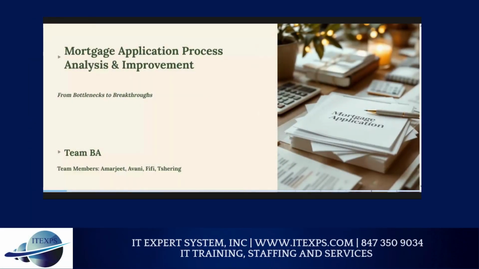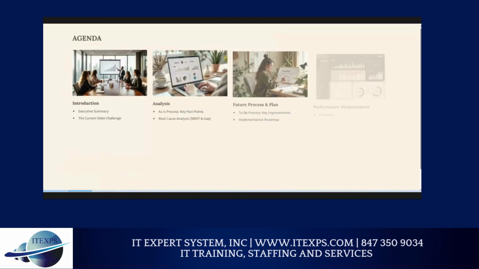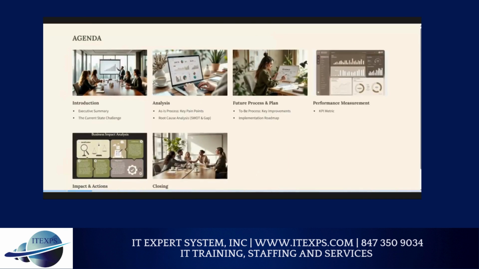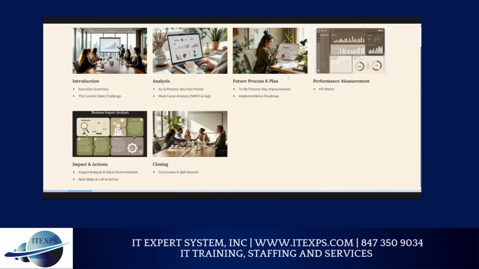I'm representing Team BA along with my team members, Amarjit, Avani, and Fifi, just four of us today. For the agenda, today we will walk you through our project to improve the mortgage application process. We will begin with a quick summary and highlights and also the main challenges that we have discovered in the current system.